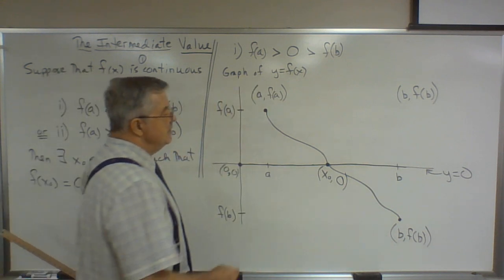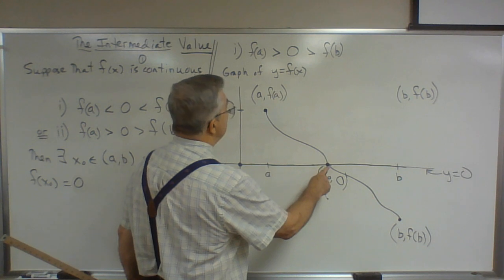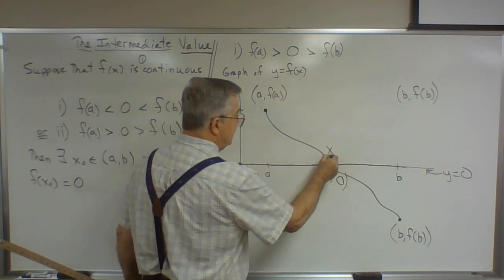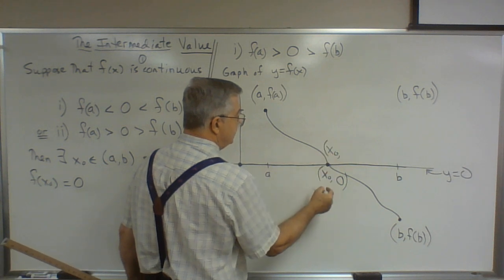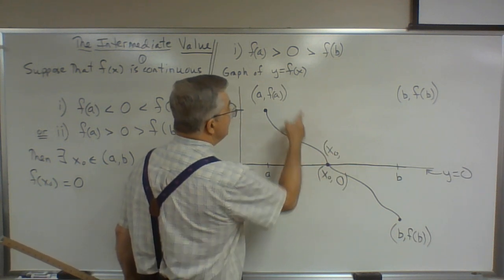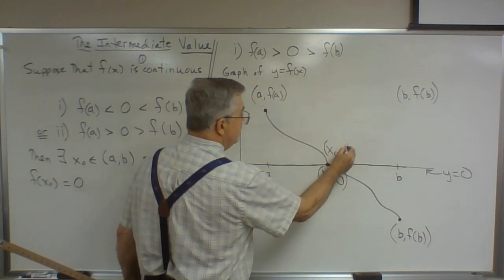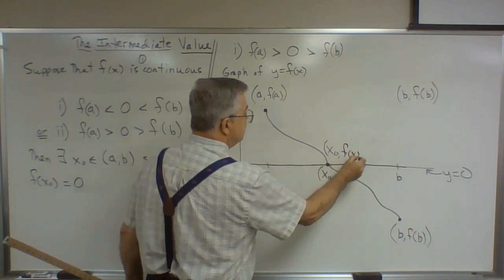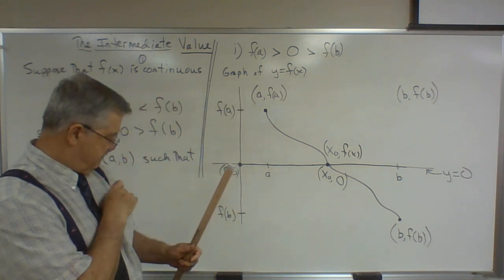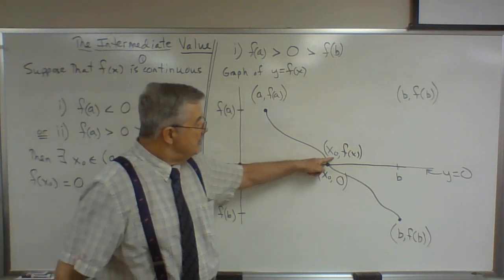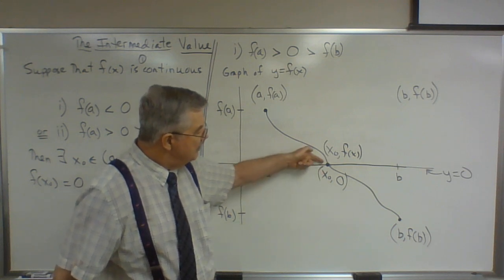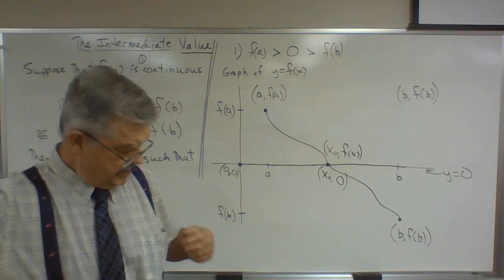But since this point is also on the graph of y equals f of x, the x-coordinate is x naught, and the y-coordinate has to be f of x naught. And again, these 2 points are one and the same point. They're both this point right here.